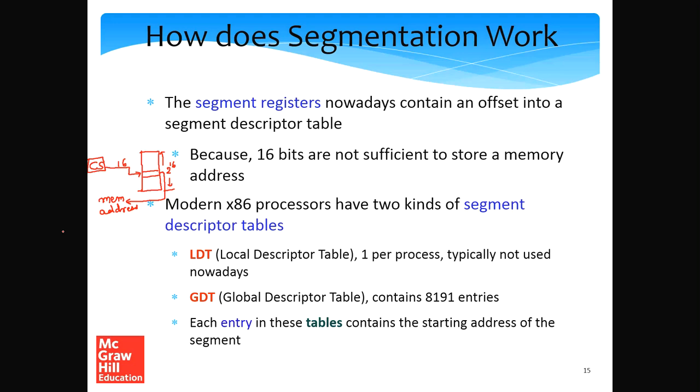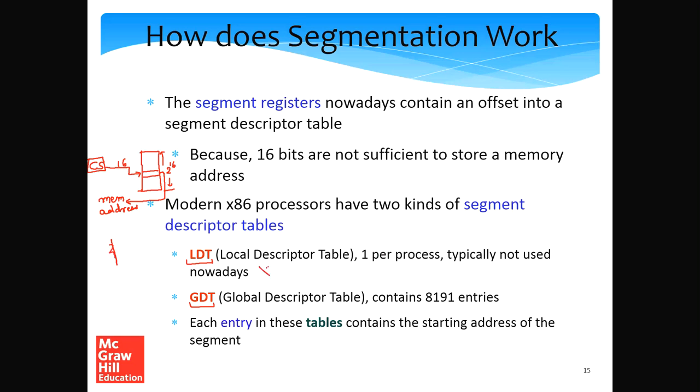Intel processors have two kinds of segment descriptor tables. There is something called an LDT, a local descriptor table, and a GDT, a global descriptor table. The LDT is meant to be one per process. What is a process? A process is a running instance of a program. This is typically not used nowadays.